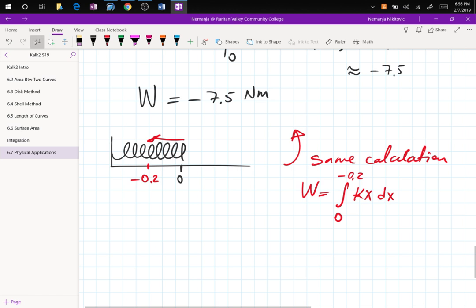So this is like a time frame. This happened first, the spring was there, then this happened next. And then swap those, put the minus here using the theorem from Calc 1. That's -150x. Calculate the same stuff, and you will have a positive value this time around.